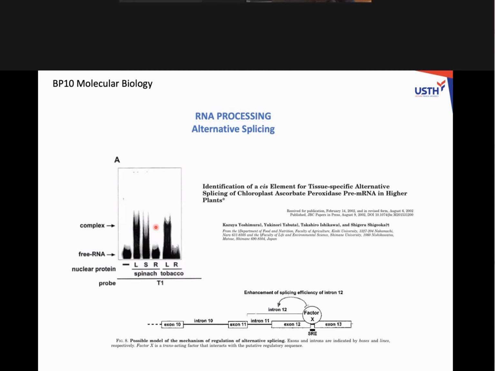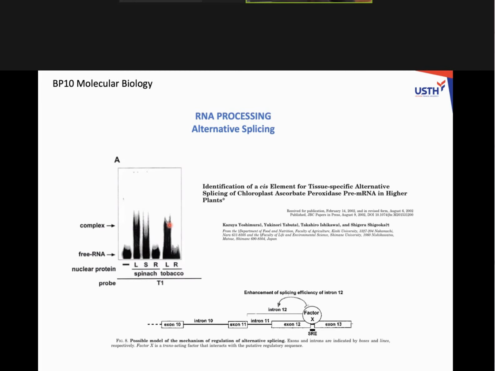So I can see that there is no protein complex that can bind to this SRE RNA in the root tissue, but there is some kind of protein in the leaves and the stem. Therefore, there exists an element that can affect the tissue-specific alternative splicing.